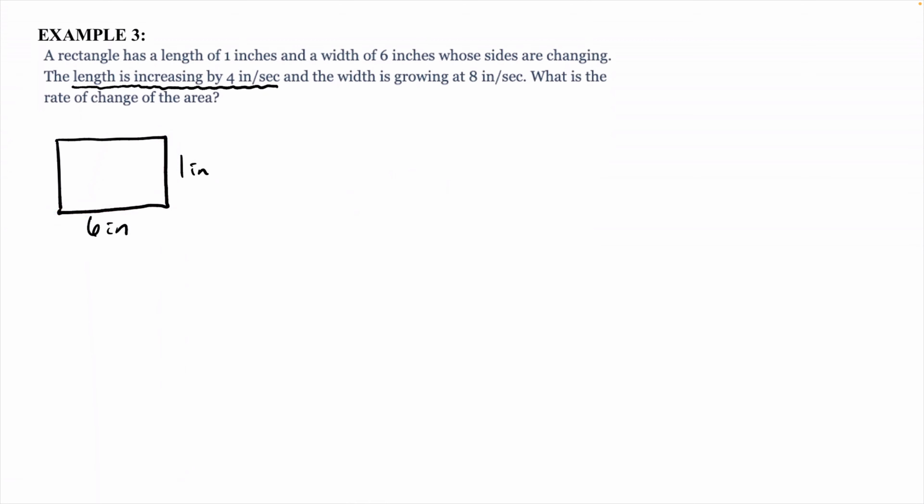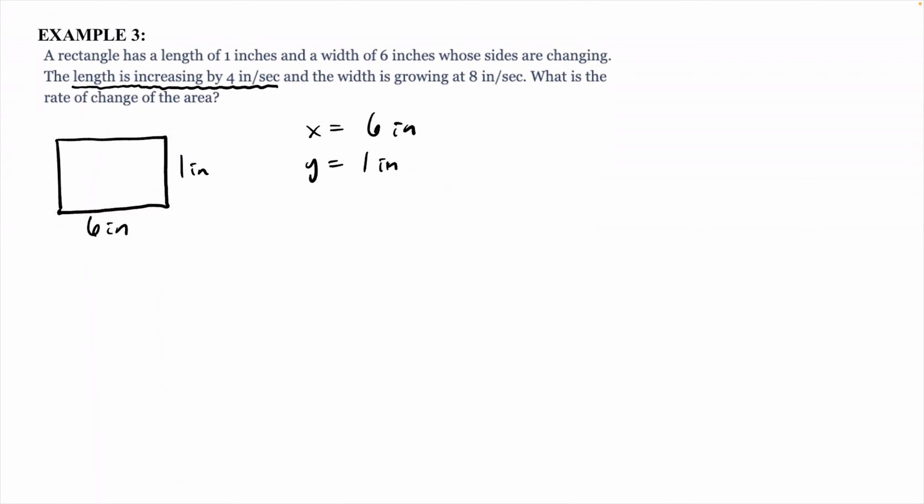Anything that goes side to side, I'll call x, because x goes side to side. So that means 6 is going to be x. Anything that goes up and down, we'll call y, because y goes up and down. Could you use L and W? Yes, you could. But there are going to be a lot of different variables, and anytime we can keep them simple, like x and y, we'll do that.